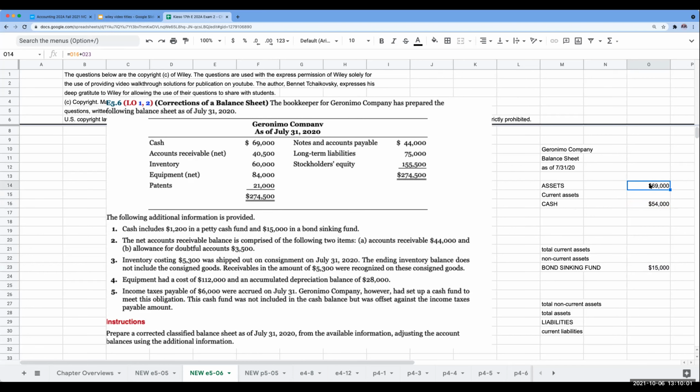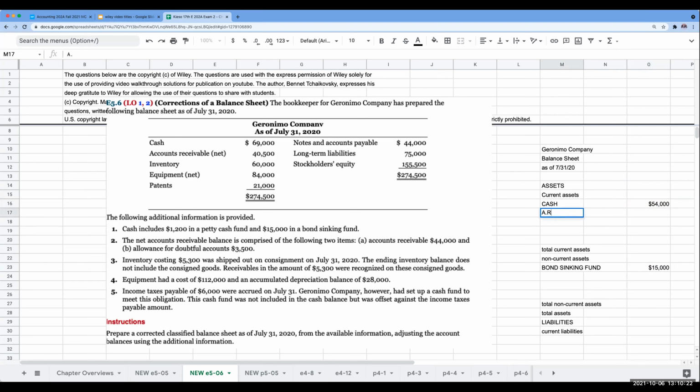Right, but I'm separating this because this 15,000 is basically being earmarked by management or by our board of directors to be over here as a non-current asset. Okay, so the net accounts receivable is comprised of two items: accounts receivable and the allowance for doubtful accounts.